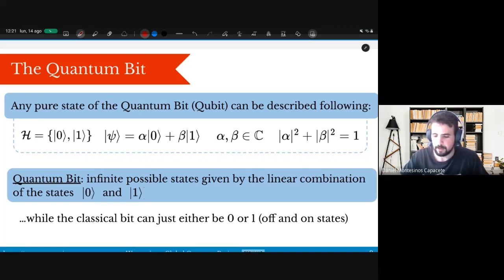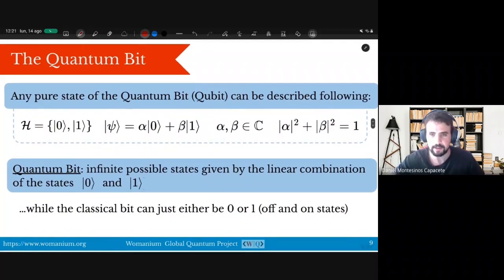While in the classical bit you just have two states that are 0 and 1, in quantum computing using qubits, we have two states for sure that are 0 and 1, but also all the possible combinations of 0 and 1. And that is the interesting property of the qubit, and the idea of quantum algorithms is to try to use this special property of quantum systems in order to improve computations.